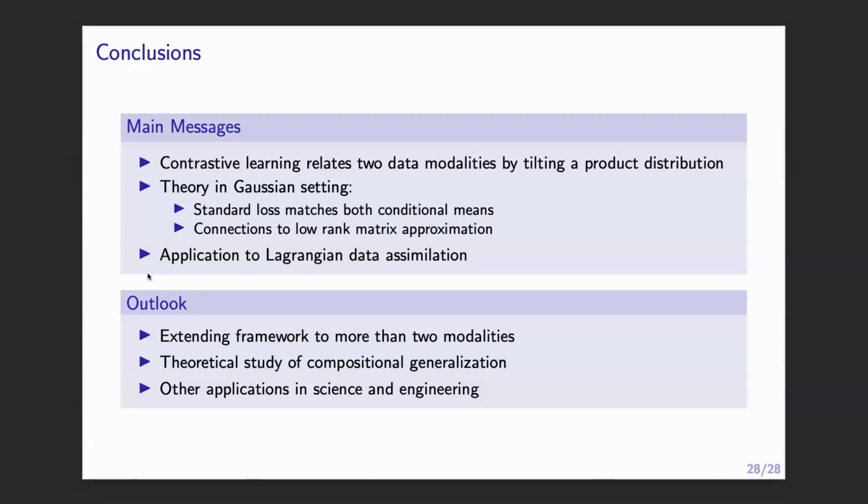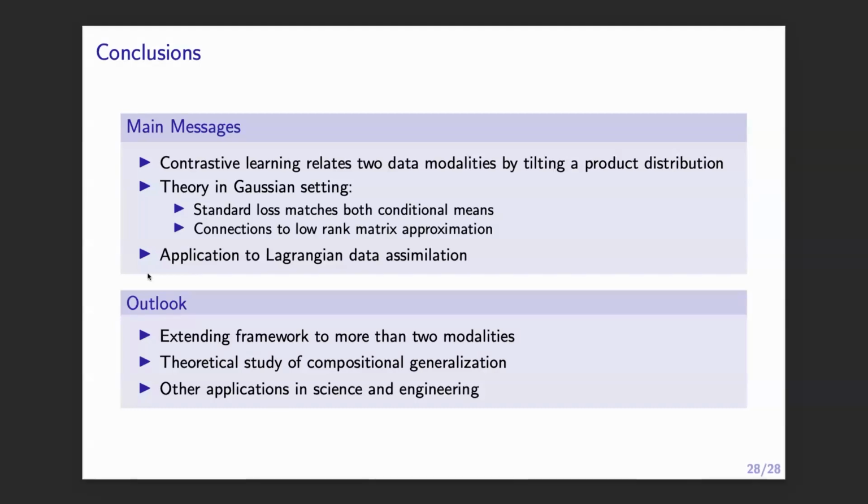There is some theory that we can build that shows that these models do learn some properties of the conditional means of the distributions, but not necessarily the variances. And I think this has a lot of downstream applications when we're using a lot of these pre-built encoders for a lot of downstream tasks.